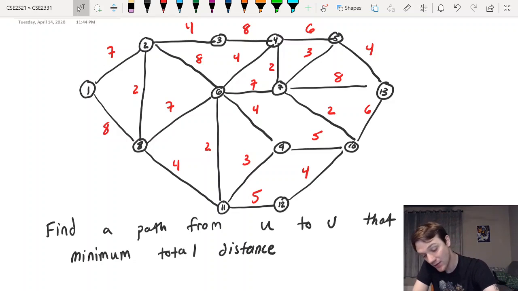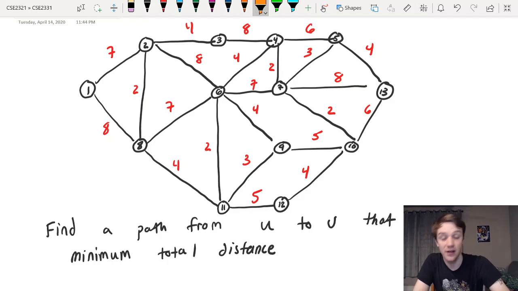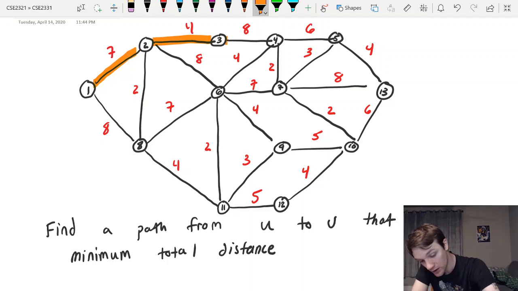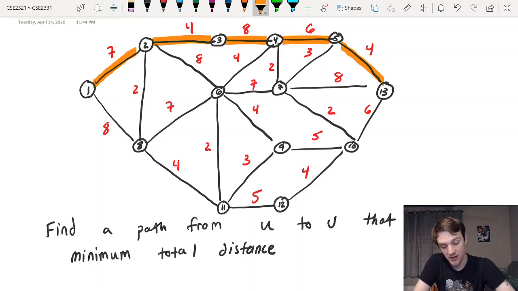Let's say we wanted to have a path from 1 to 13. Here's an example of a path from 1 to 13. Sorry, we go from 1 to 2 to 3 to 4 to 5 to 13.